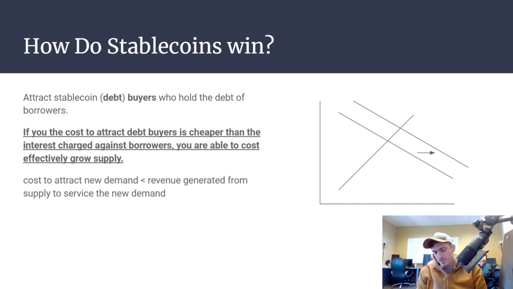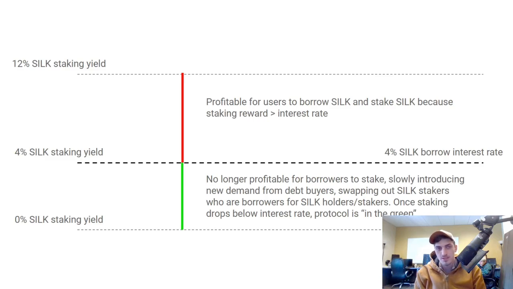So in summary, for instance, with Silk's interest being 4% right now, and I'll switch to this slide here, if I can offer someone who's going to buy Silk a 3% yield, and that makes them buy Silk and stake Silk, that's less than the 4% interest that's charged on the borrower that introduced that supply into circulation.